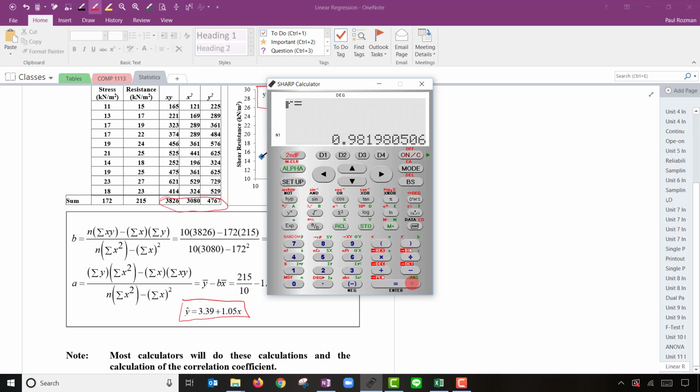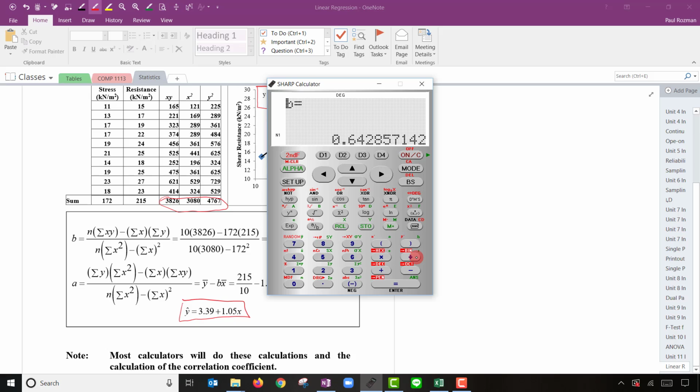I only did the first three values, and it was still a nice high correlation value. And you can get your slope and intercept from the parenthesis buttons. So alpha, the left bracket is your A, and alpha, right bracket is your B. So it gives you the equation of the line. You probably never noticed it. Your cheap calculator could do so much.